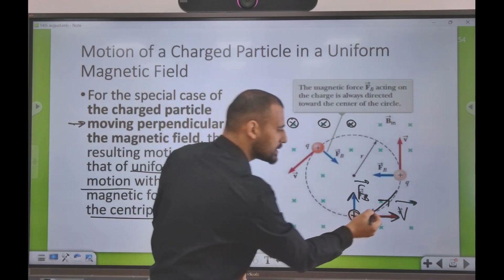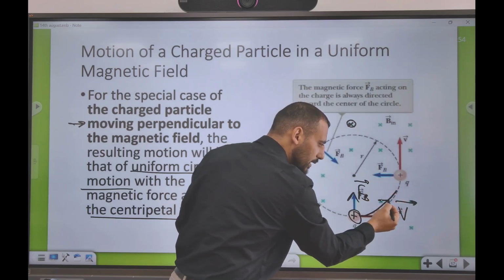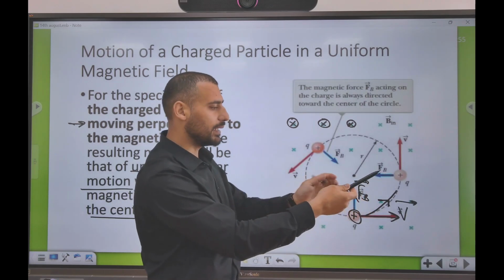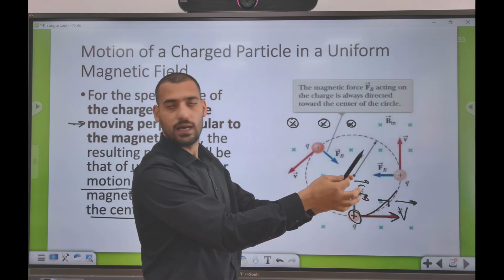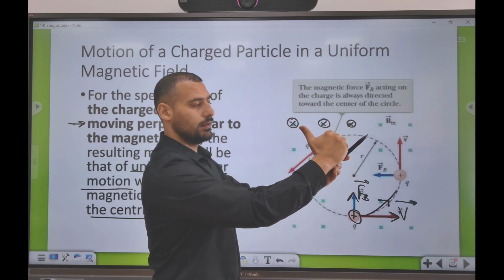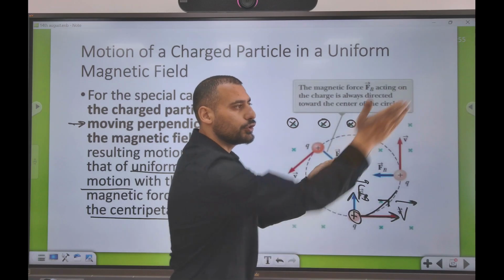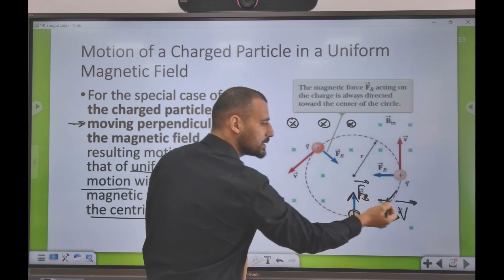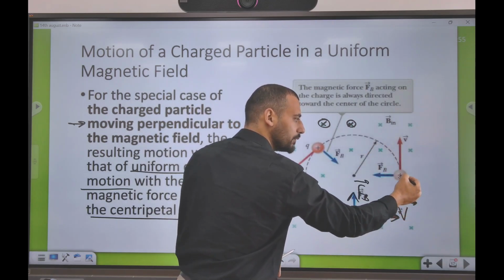But the moment it is here, very important. When it is here, what is happening? Now the velocity is something like this, and the magnetic field is still inwards, fine? Now the particle wanted to go like this, but still the force is pulling it up. And what will happen? It will go like this.